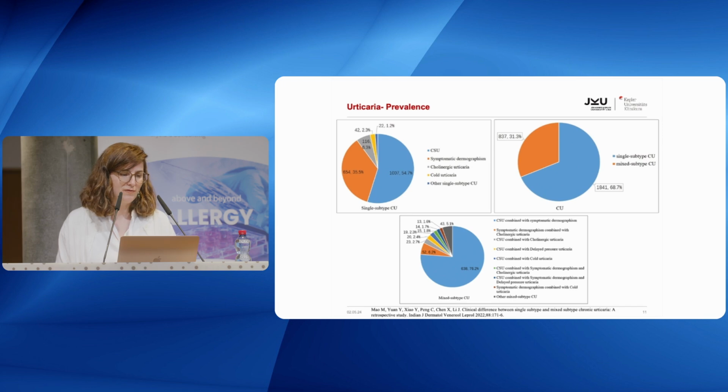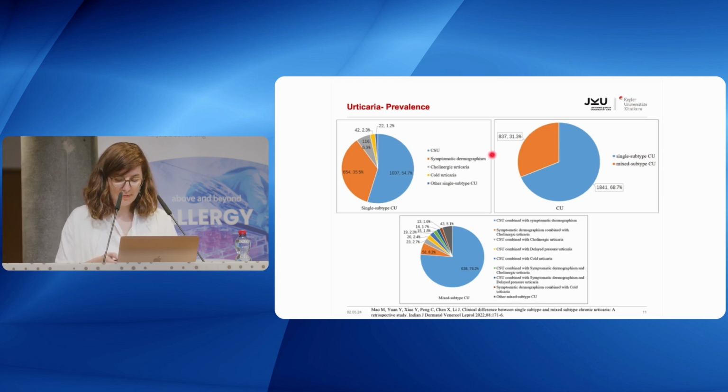If we now look at these different forms of urticaria, what can we see? Most commonly, here in blue, are patients with chronic spontaneous urticaria. I already mentioned symptomatic dermographism, where scratching induces the wheals, which is also very common. Cholinergic urticaria, where sweating induces the whealing, and cold urticaria are other more frequent forms of inducible urticaria. But it's not so that patients only have one form.